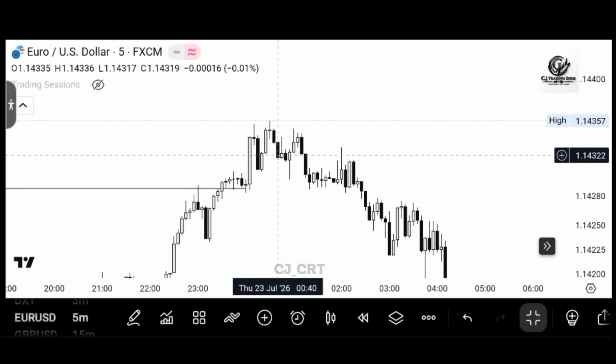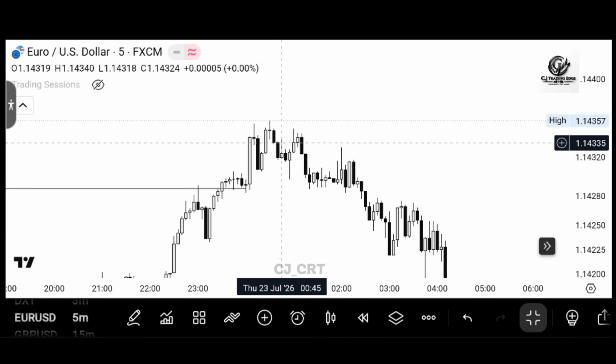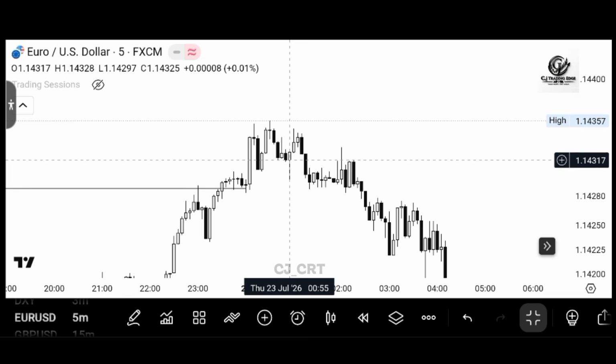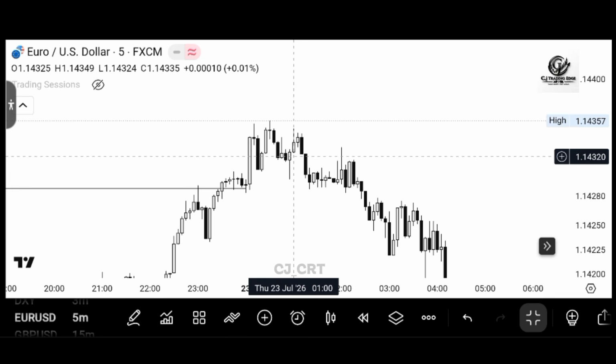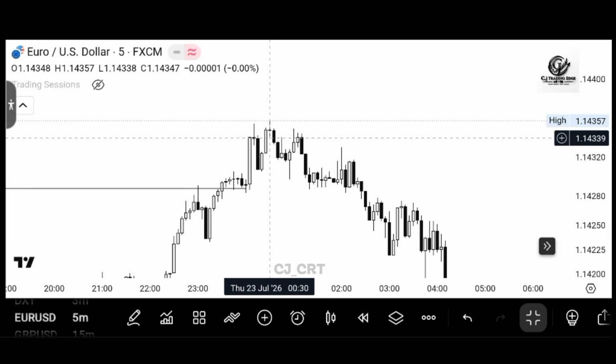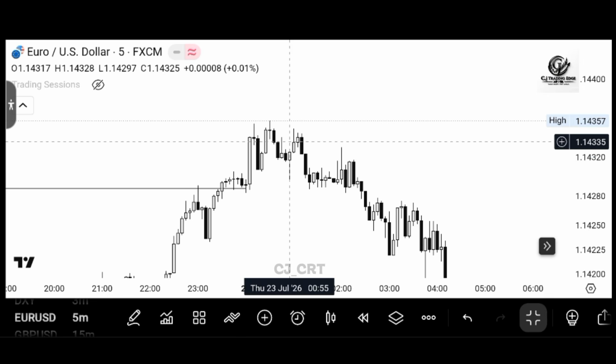Once this, maybe not just one candle, three, four, five candles, I've said it before, close below it, you should wait for the next candle or multiple candles to test it before you can sell.